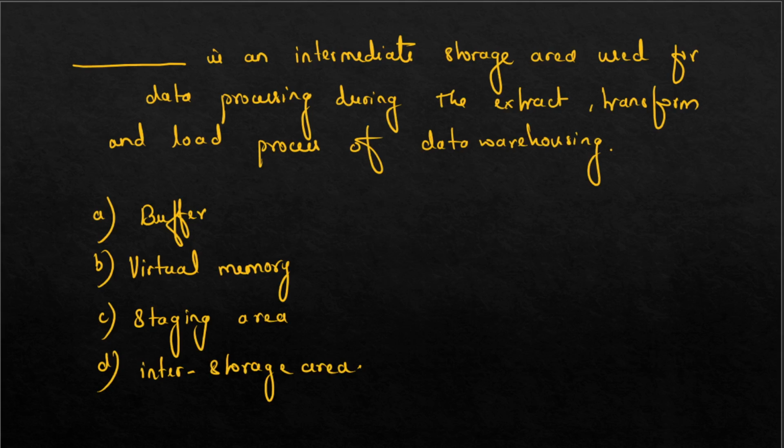Now the things we have to understand about a data warehouse. The first thing is that a data warehouse contains historical data concluded from transactional data. Now, what does a data warehouse include? Let's see that.